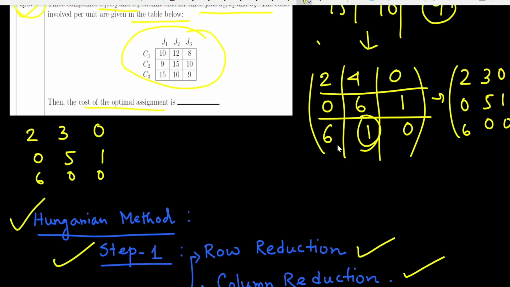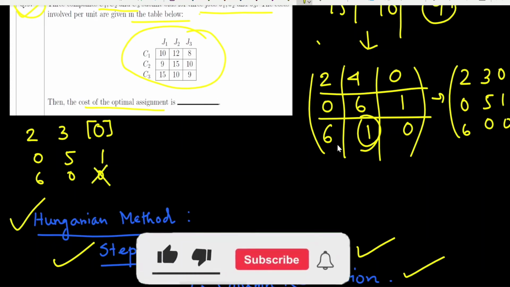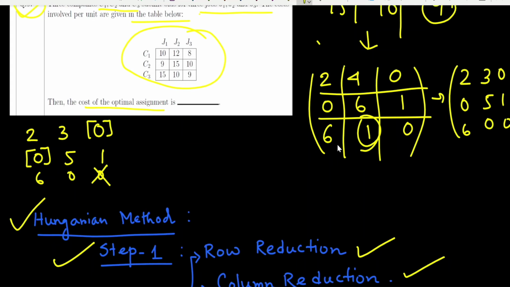So the first row contains exactly 1 zero. We mark that zero and cross the zeros in the respective column. Now the second row contains exactly 1 zero, so we mark that zero, and the first column does not contain any other zero, so it is selected. The third row contains exactly 1 zero, so it is also selected, that is, it is assigned.